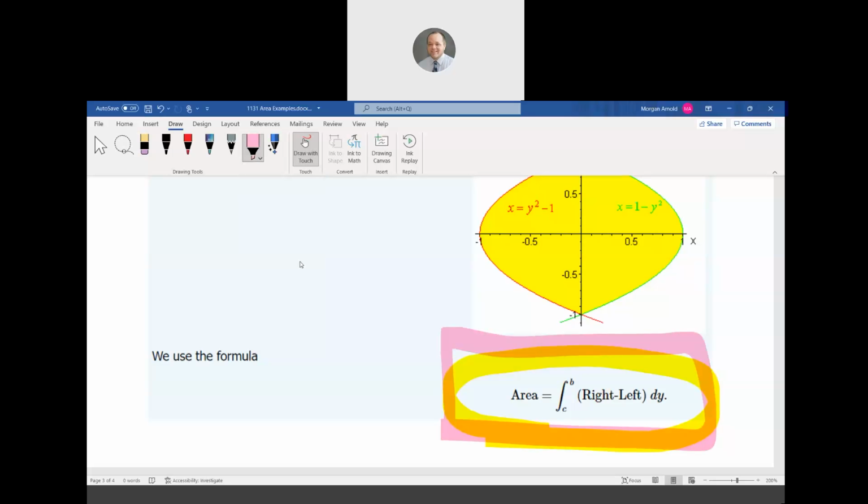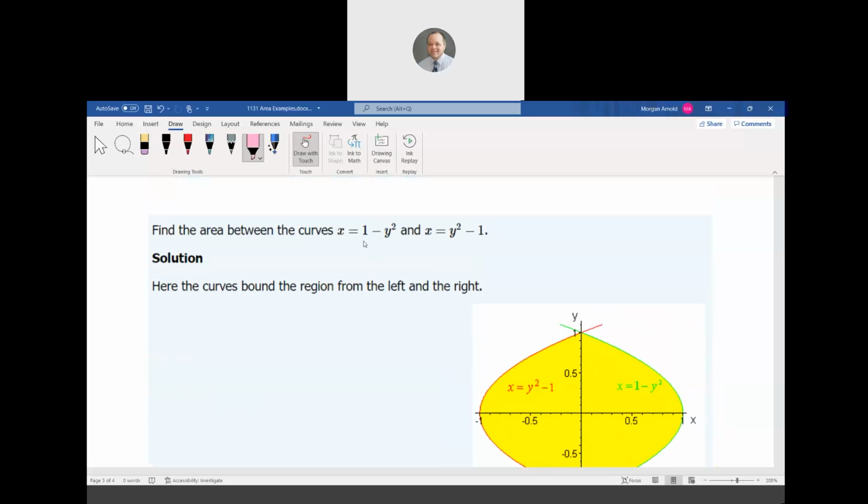You would still have the closed interval, going from lower limit to upper limit of integration, but instead of saying top curve minus bottom curve, you will say right curve minus left curve. That's how you would set it up if your functions are given in terms of y.